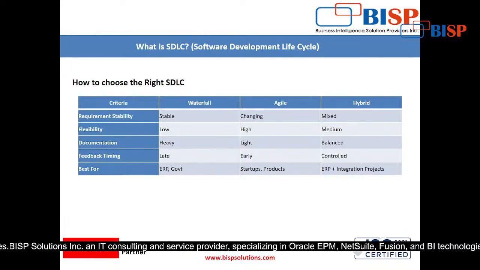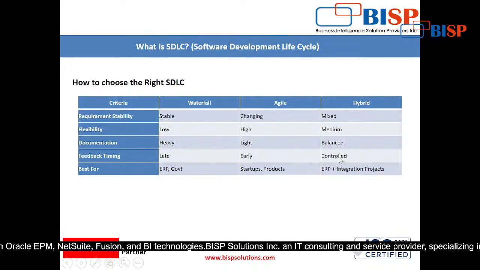After that, feedback timing. In waterfall model it's a little late, but here in agile you see early feedback timing, meaning as soon as the HR starts using your application, immediately you will start getting the feedback.